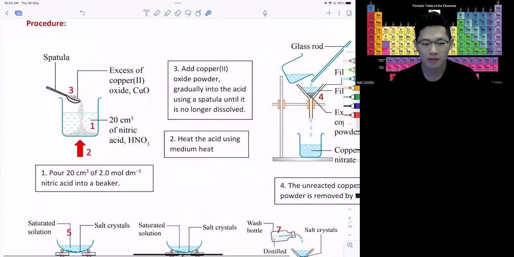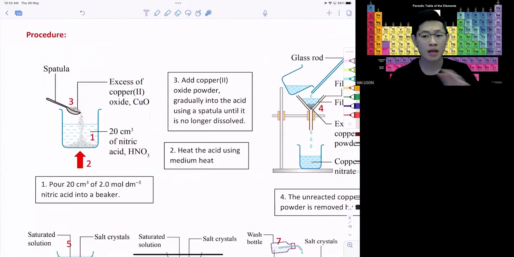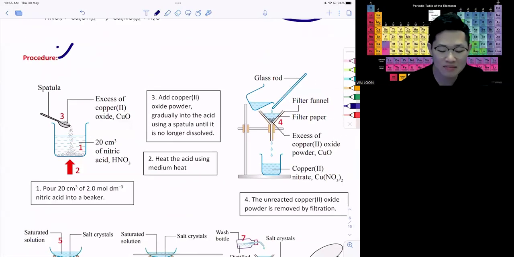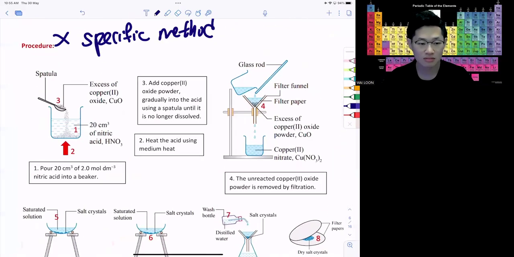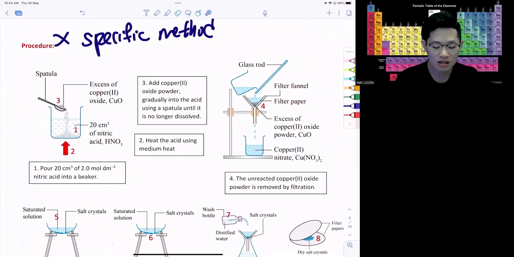This is how they do it. They don't use titration. There is no specific method. There is no name for this method because we are just adding the things into the acid directly.